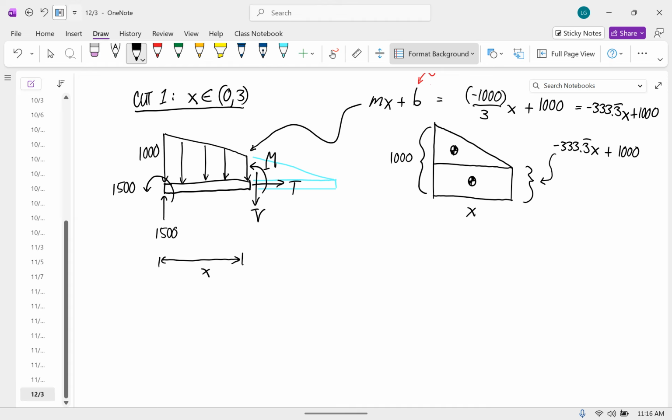The area of the rectangle is negative 333.3 repeating x plus 1,000 times x. So this is negative 333.3 repeating x squared plus 1,000x.